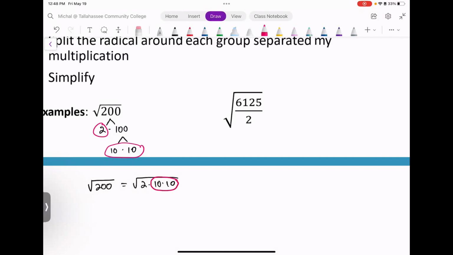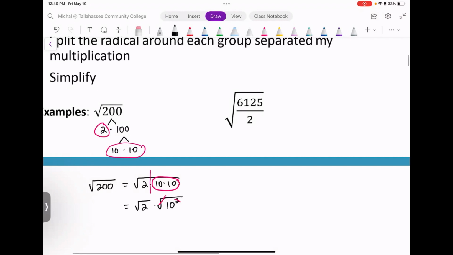That's 10 times 10, that's my square factor, so this is where I'm going to split my radical. Square root of 2 cannot be simplified, but it's being multiplied by square root of 10 squared. Since square undoes square root and vice versa, the square root of 10 squared is just 10. Square root of 100 is 10.